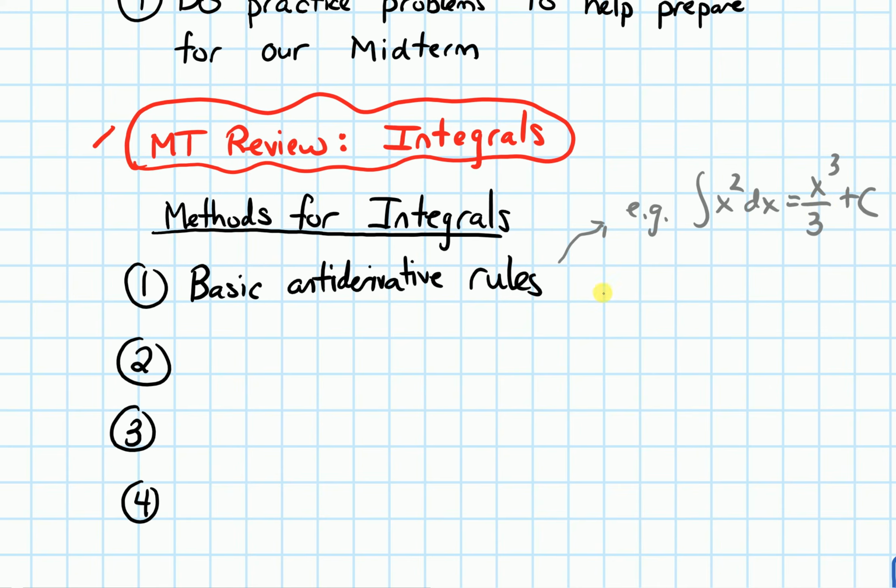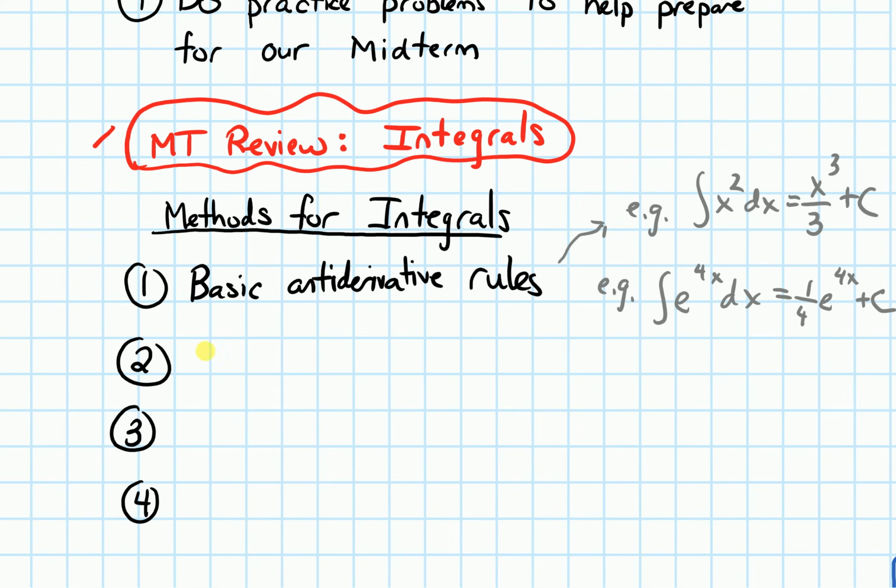Or as another example, let's say I had the integral of e to the 4x dx. So that's another one that I can do without something more complicated. This antiderivative is 1/4 e to the 4x plus c. Okay, so basic antiderivative rules, that's one way to evaluate an integral.